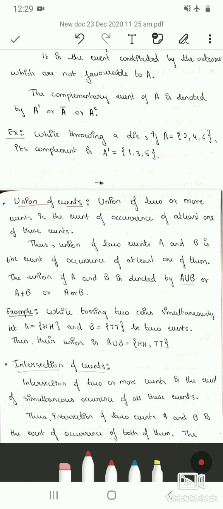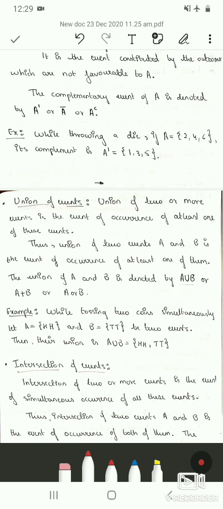So suppose you have two events A and B. When you take union, it means that among these two events, at least one of the events should occur. So for example, while tossing two coins simultaneously, let A be HH, that is both the coins show up head, and let us consider another event B, that is both the coins show up tail, which is TT.